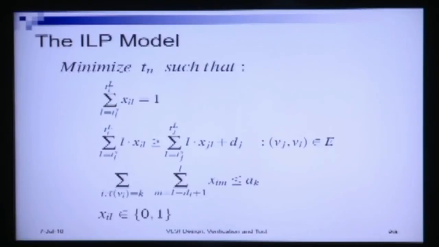Therefore, we can obtain the final formulation as minimize Tn such that all operations have a unique start time, all dependency constraints are satisfied, all resource constraints are satisfied, and the last constraint being that our decision variables xil are binary.